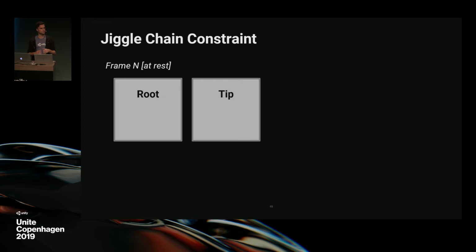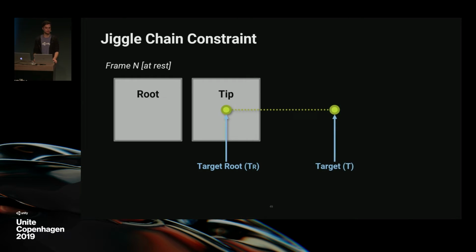The jiggle constraint works by doing a form of particle simulation inside the animation job. For this, we need two positions. We have our root position, which is simply our tip position. Then the second position we need is our target. This target gets set up from the root to our tip direction, where we extrude the target position along a distance we call the dynamic offset.